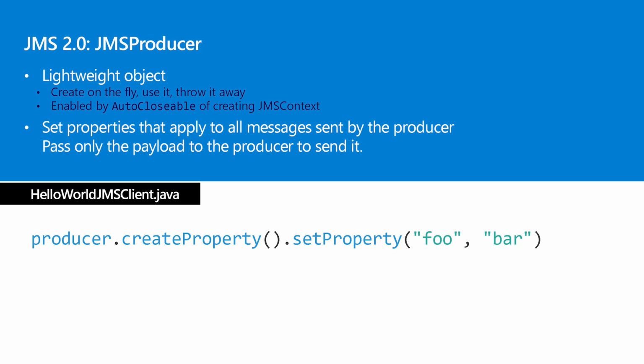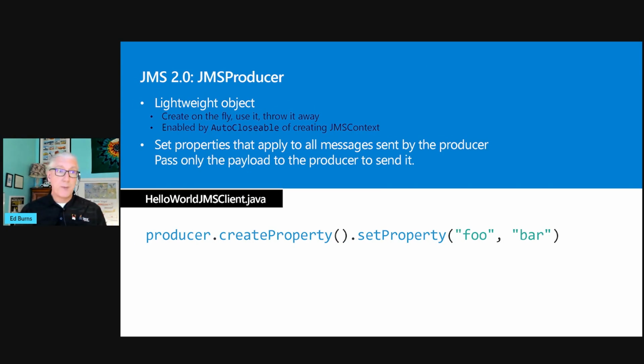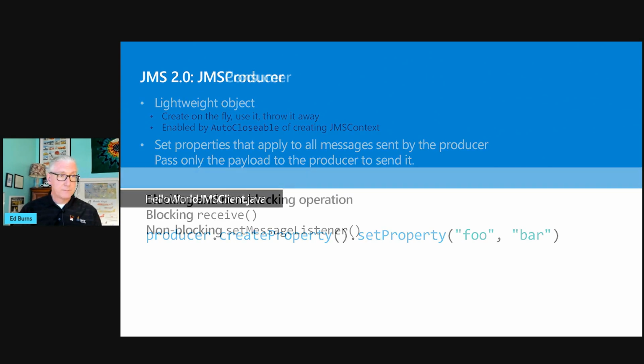So here we're, for example, saying producer, create property, set foobar, and then every message sent on that producer will have those properties set so that when the message is received, those properties can be queried and something can be done with it. The properties are metadata information. So we distinguish between the metadata and the payload; the payload is the actual message itself.